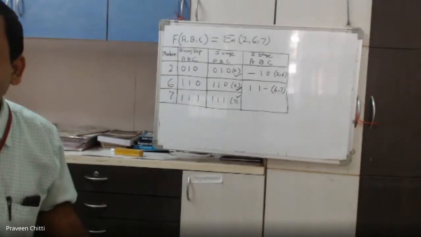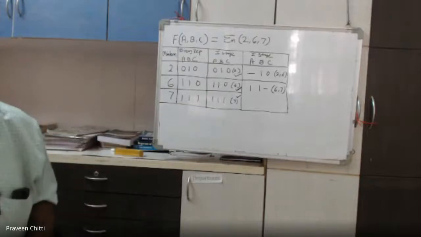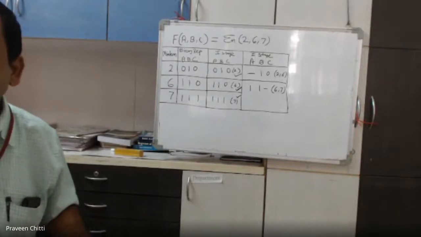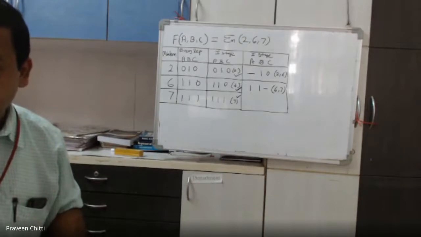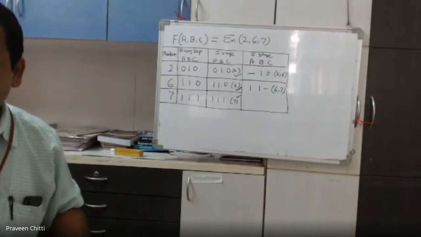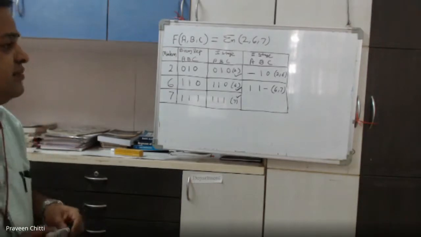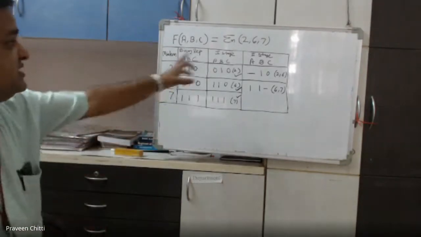So you have to stop at the first step itself. That is what is called finding the min terms. So we got 2 min terms now, right? You have to check whether both are required or any one is sufficient to cover the term. Is that clear? This is the first step.